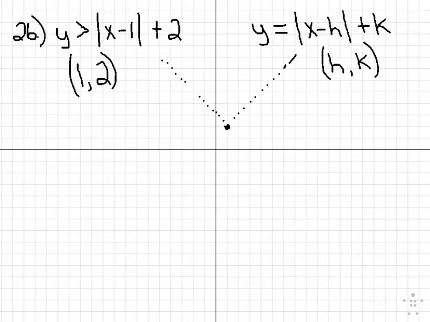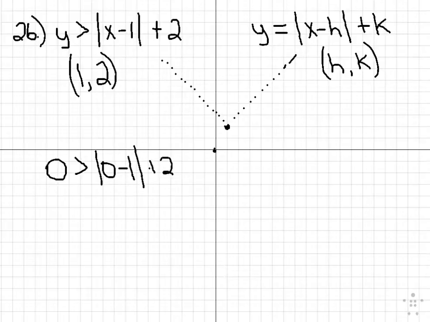If you made a table, you could see that, but making tables would take too long, so you can just use this translation of this function. And then what we do is we simply check the point 0, 0 and see if it works. So we would say 0 is greater than the absolute value of 0 minus 1, plus 2. So 0 is greater than, that would be negative 1.